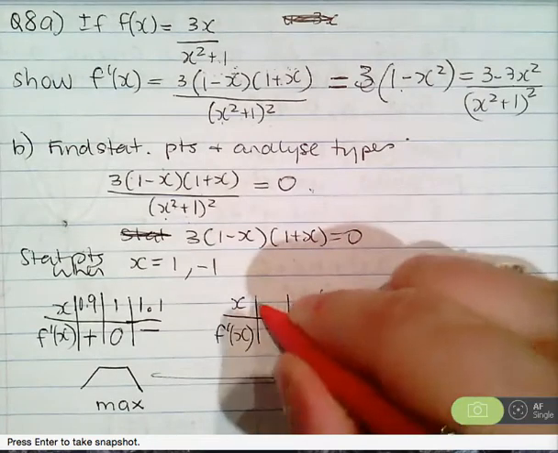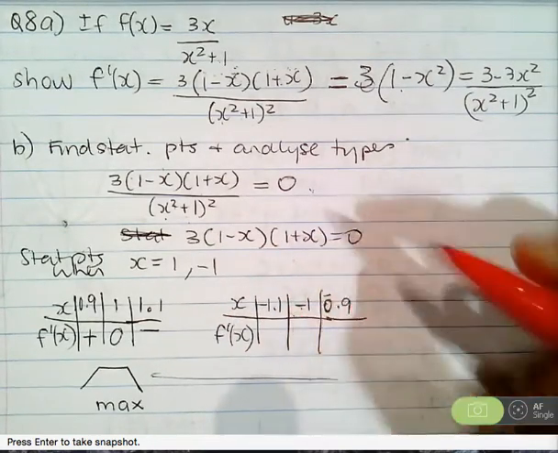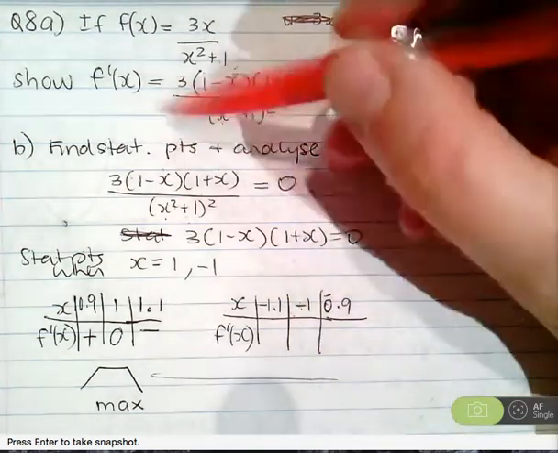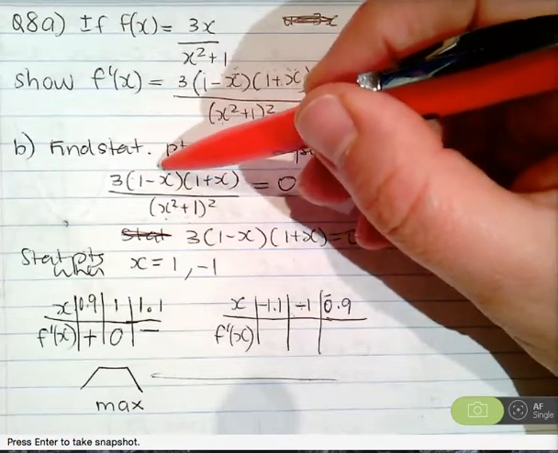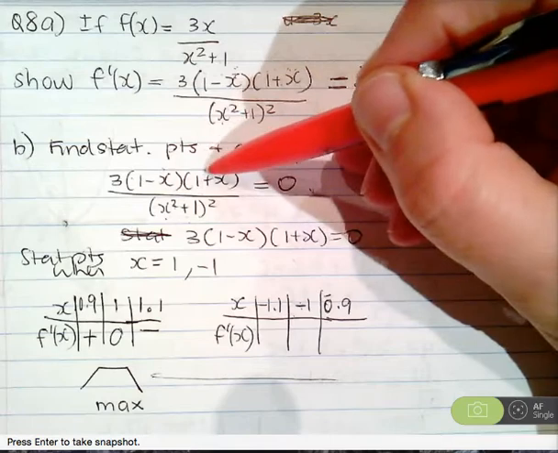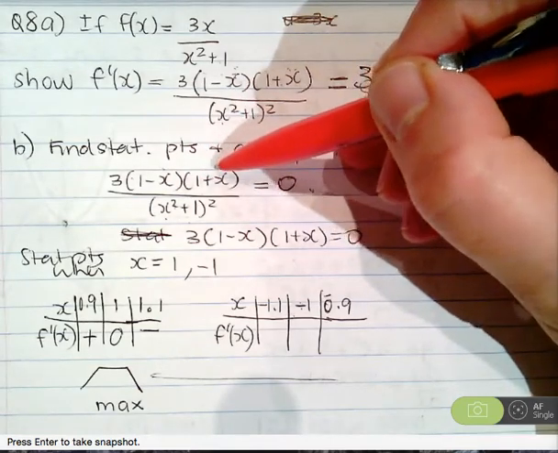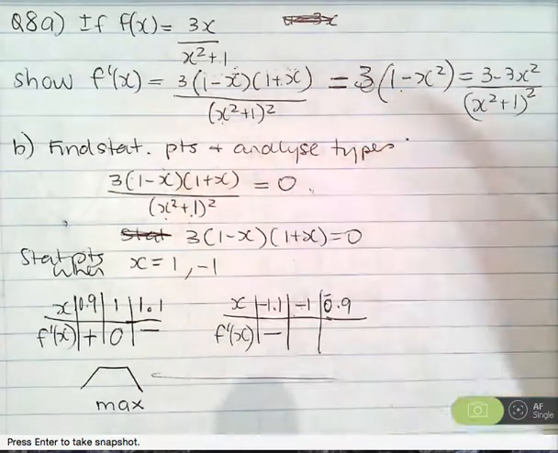You can do the same thing here, looking at 2 points on either side of negative 1. If you've got negative 1.1 here, you get 1 minus negative 1.1, which is 1 plus 1.1, 2.1, and 1 minus 1.1 is negative. So a negative times a positive, I've got a negative here because that's always positive.